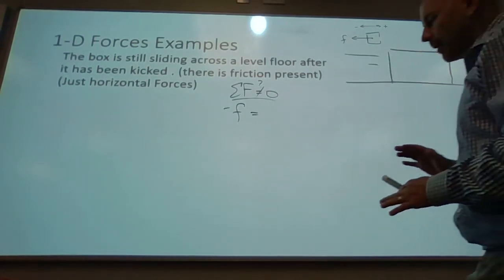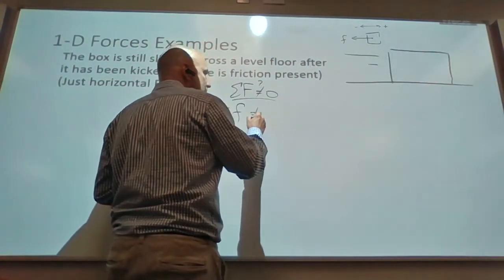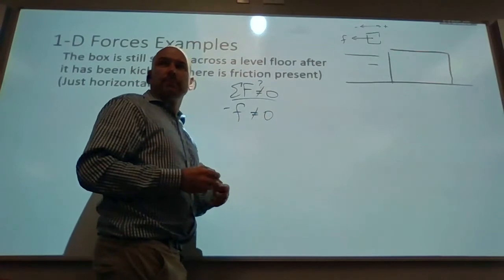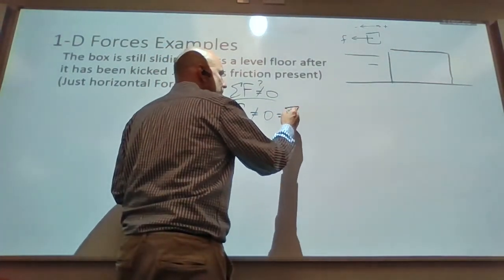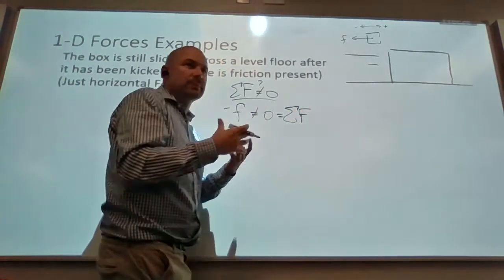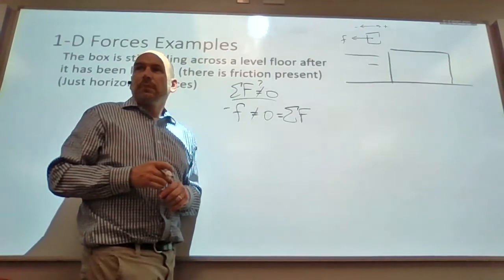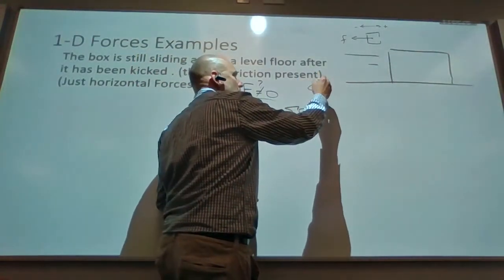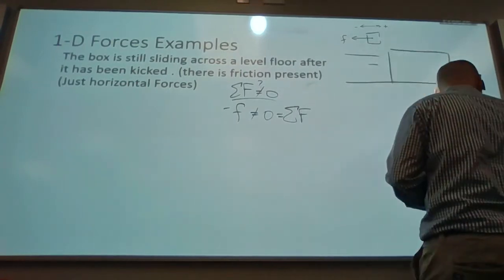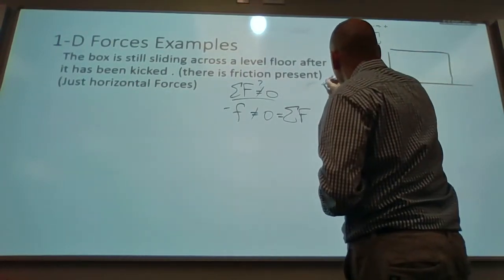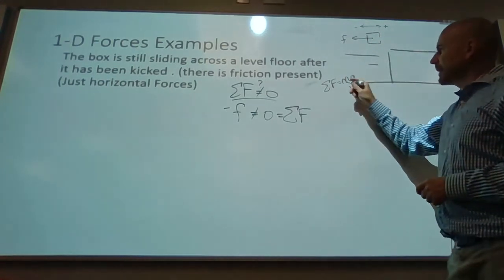Here's why again. I don't expect you to write all this out. We've just determined not equal to 0. So it has to be equal to something. We don't know what that something is. So it's the total force, the net force. But from Newton's second law, we know that the net force is equal to mass times acceleration.